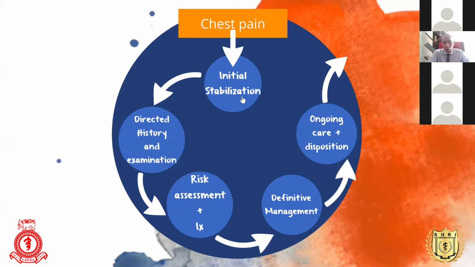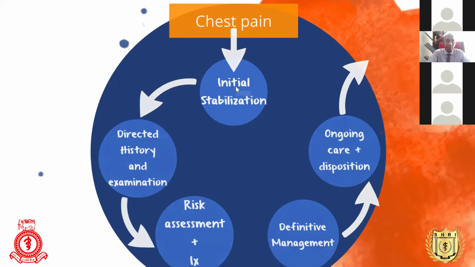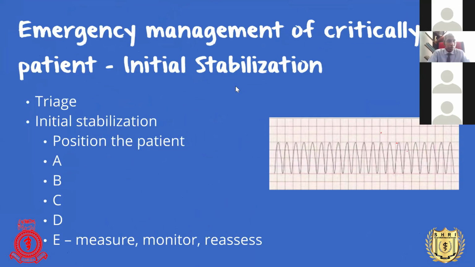Now let's see how we are going to do this initial stabilization. For example, a patient is coming with chest pain: triage category 2, initial stabilization. If the patient comes with chest pain with severe dyspnea, we have to prop the patient up. If the patient comes with severe shock, we have to keep the patient lying down. So that is the position.